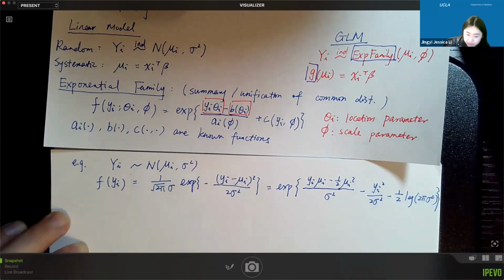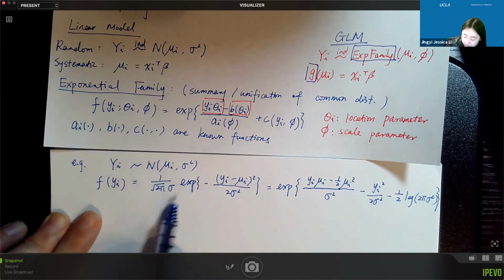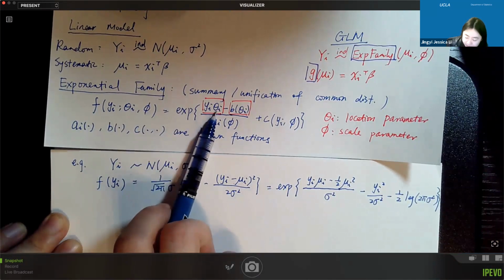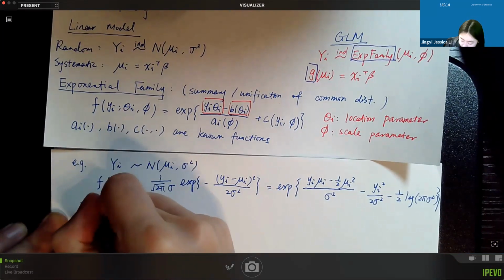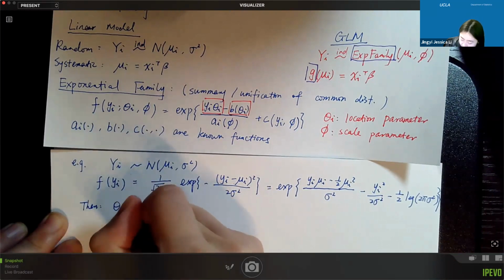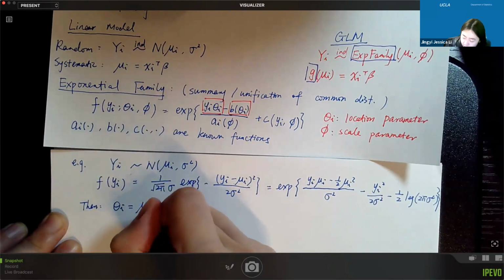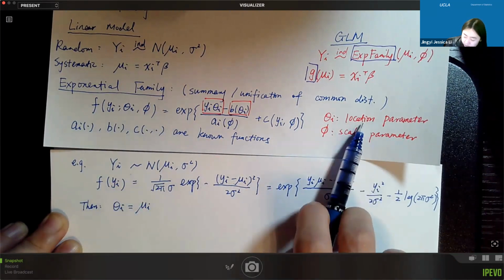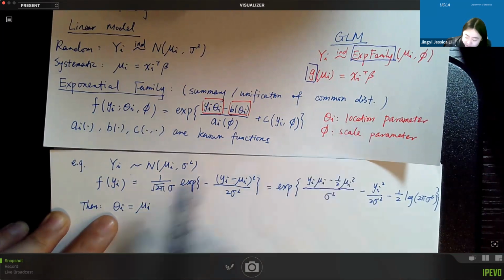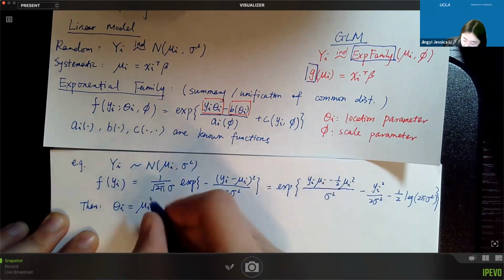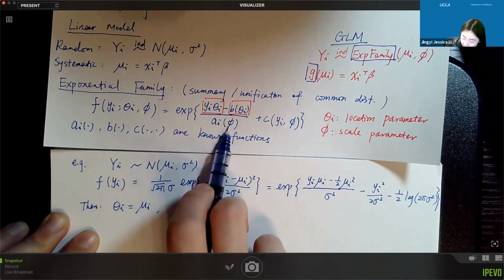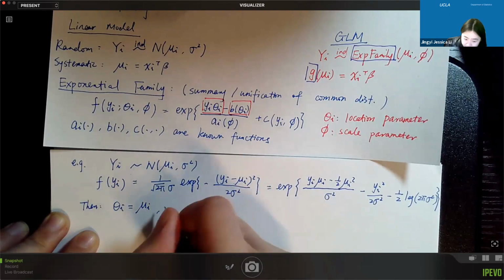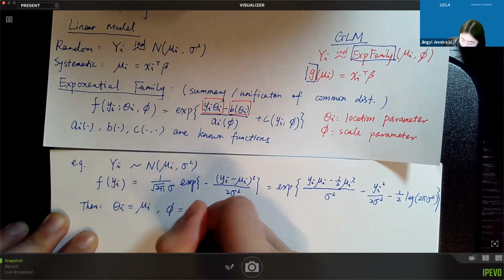By doing this, after writing the special form using general notation for parameters in the exponential family, I would have theta i, in this case, is just mu i, the mean, which is just what we said. This is the location parameter, right? You see the match. And then for the dispersion, we see that it's just here. This is the phi. We can just say that phi is sigma squared.